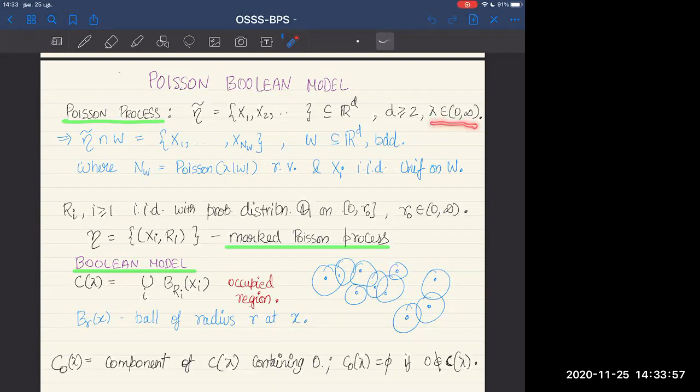Lambda is finite. What are these points? These are random points scattered in the plane. I will show some simulation shortly.